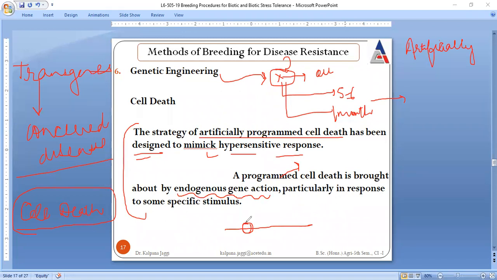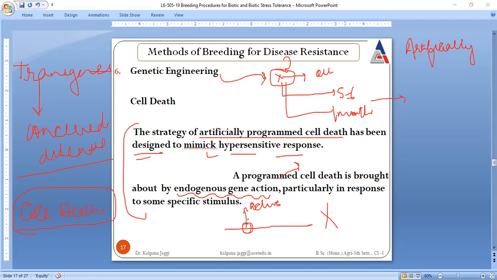And this endogenous gene action will come into the active state only upon attack. Otherwise, it should not be that every time, even if there is no attack on the cell and no attack of the disease, it leads to programmed cell death. No, that must not take place. Otherwise, even without the attack of the disease, the cell may undergo programmed cell death, right?